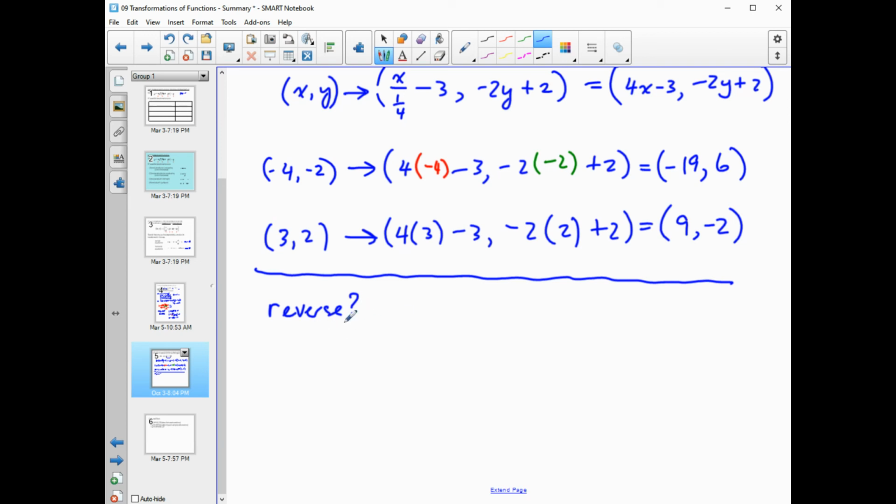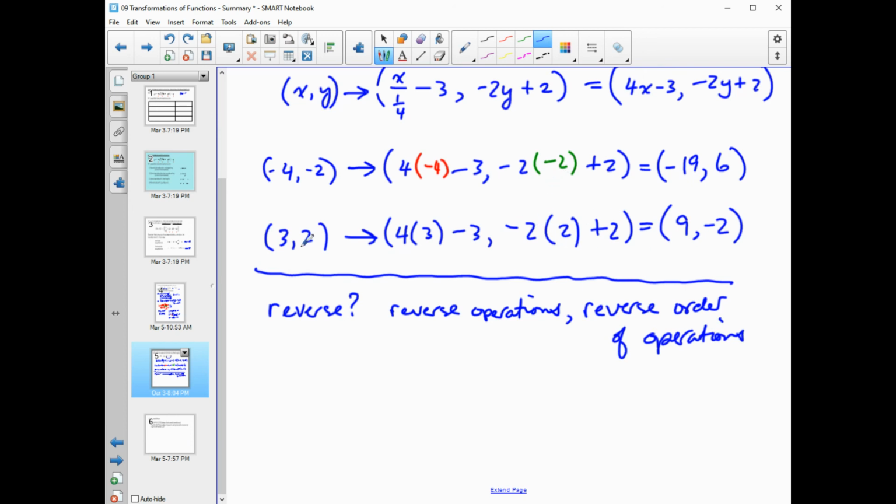If we want to reverse this, we have to reverse our operations, and hopefully that part would have occurred to you. Where I used to add, I now have to subtract. Where I used to multiply, I have to divide. But this is the part that students often forget: you also have to reverse your order of operations.